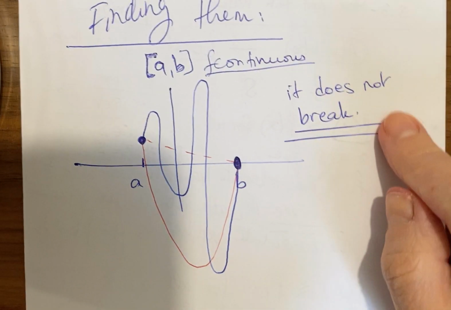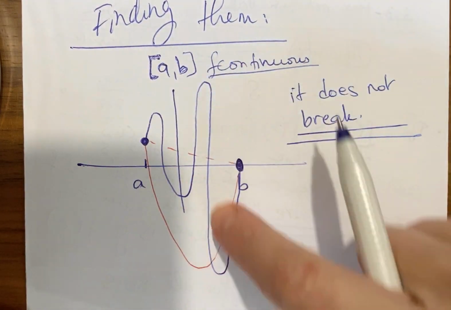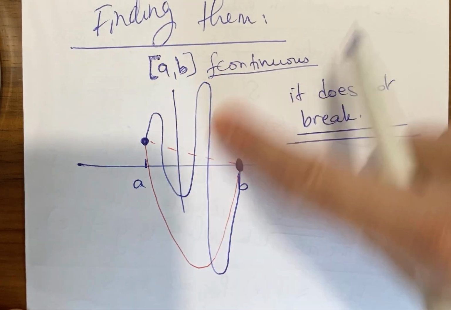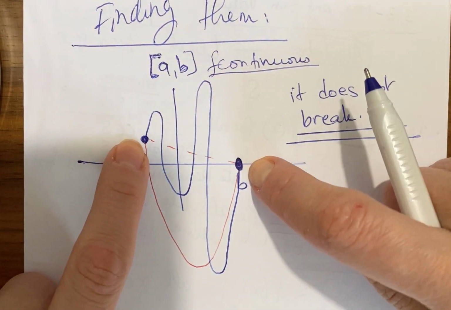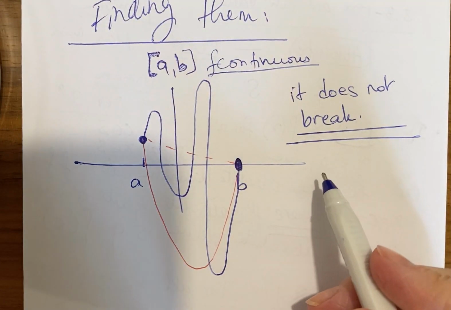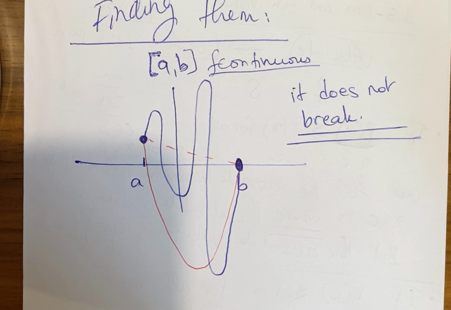If it does not break, I will keep on going up and down as much as I can, maybe 100 times, but I reach here at A, here at B, and I stop. This means, where shall I look for my absolute max and min?